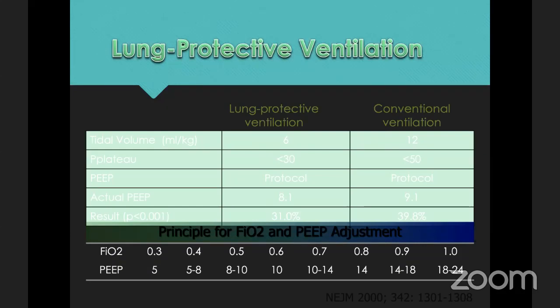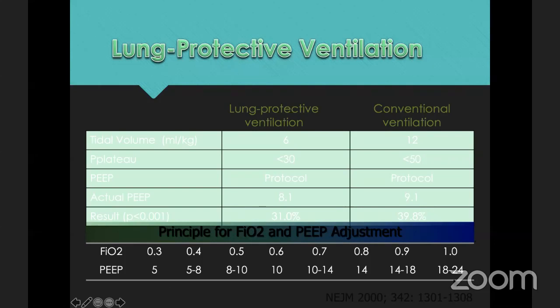So again, if you go to the lung protective strategies, what is your target? The target should be a tidal volume of 6 ml per kg, and the plateau pressure should be below 30, and the PEEP according to the protocol, or there is an advanced method now to calculate the ideal PEEP. The result here shows the mortality is less with lung protective strategies compared to the conventional group who received higher tidal volume.